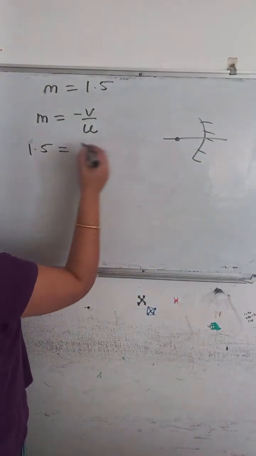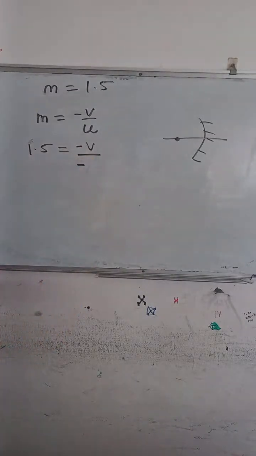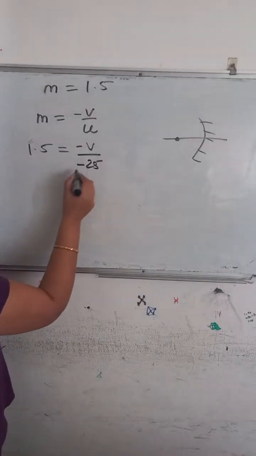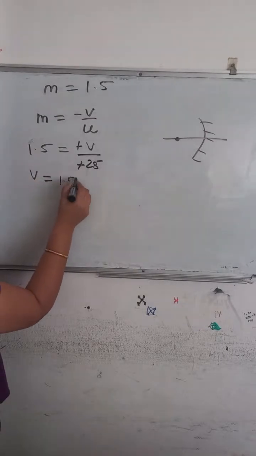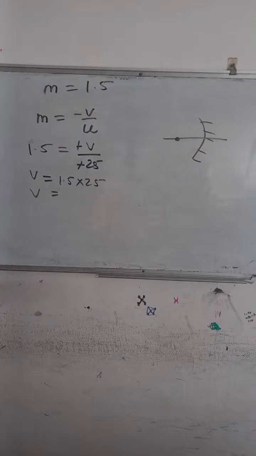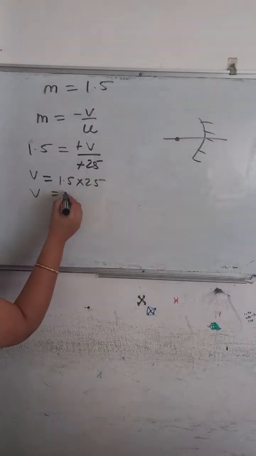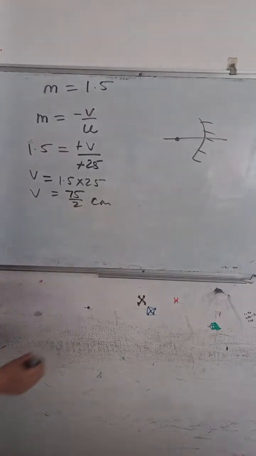So U is negative here, minus V by U, and U I have minus 25. This minus minus gets cancelled. V is nothing but 1.5 into 25. So I will get V as 75 by 2 centimeter.